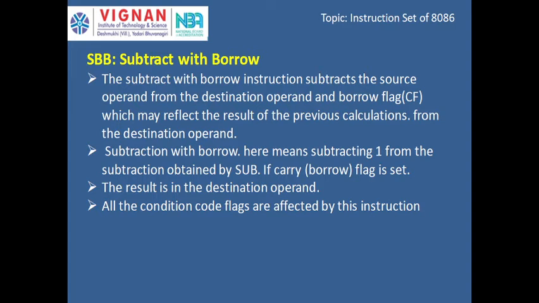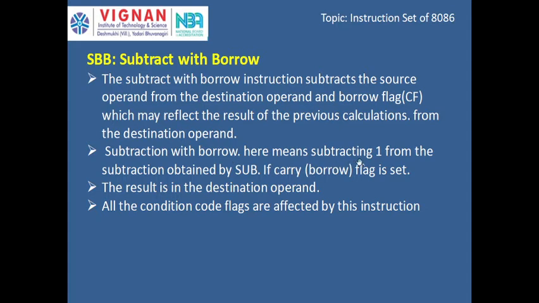The subtract with borrow instruction subtracts the source operand from the destination operand and the borrow flag, that is nothing but the carry flag, which may reflect the result of the previous calculation. That means after getting the result by subtracting the source operand from the destination operand, this carry flag content will be subtracted from the result.